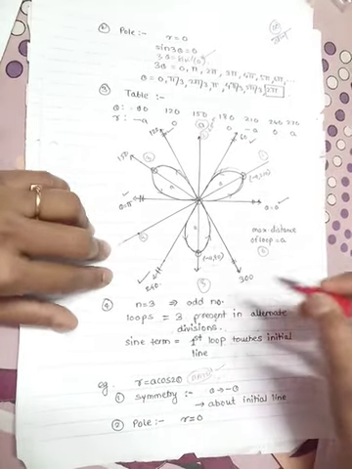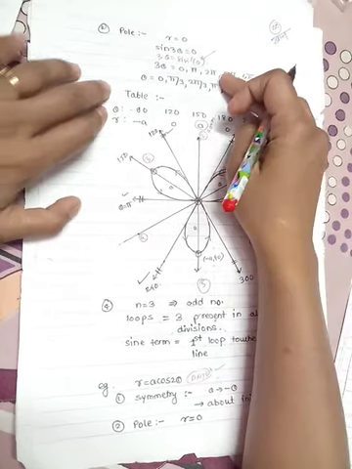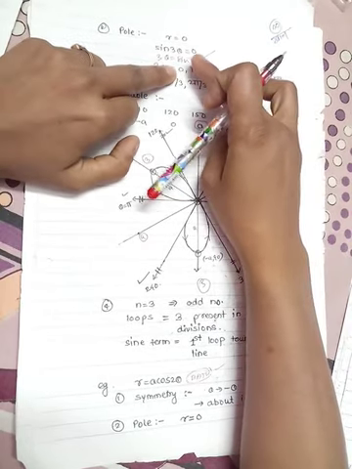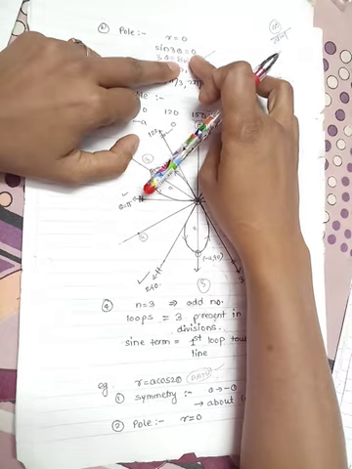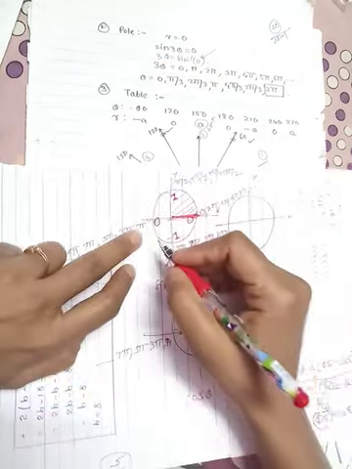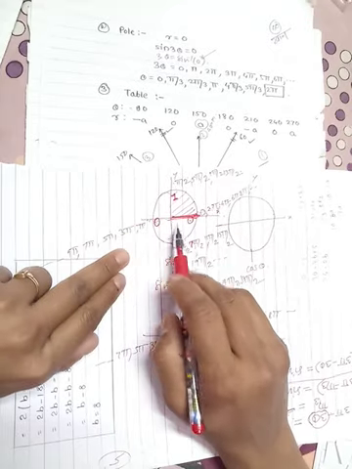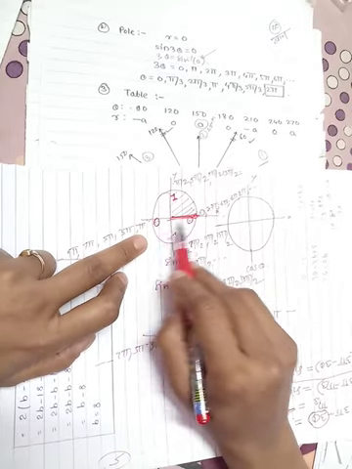This bracketed value means for which angle the sine value is 0. So by using the previous example, for which angle the sine value is 0.